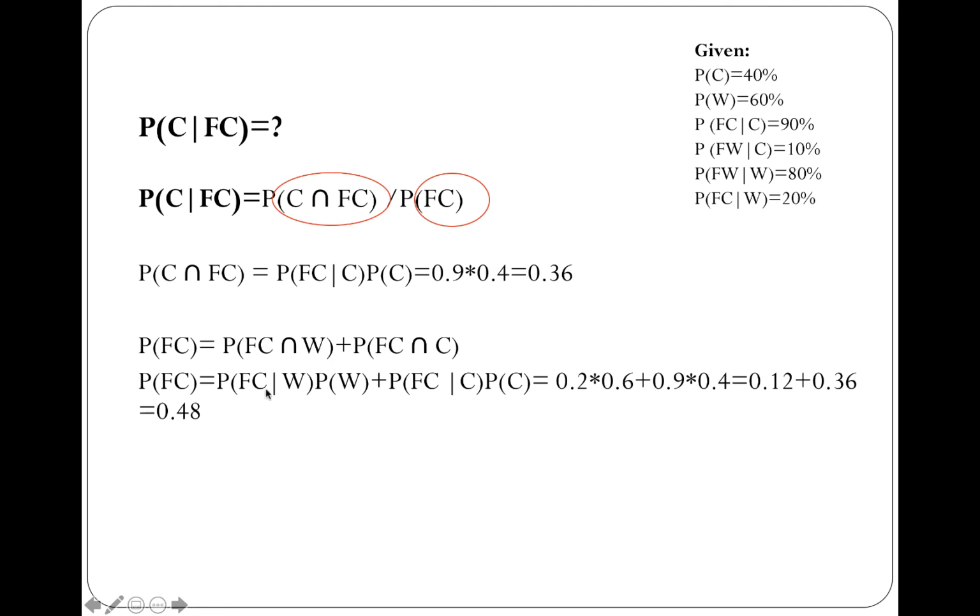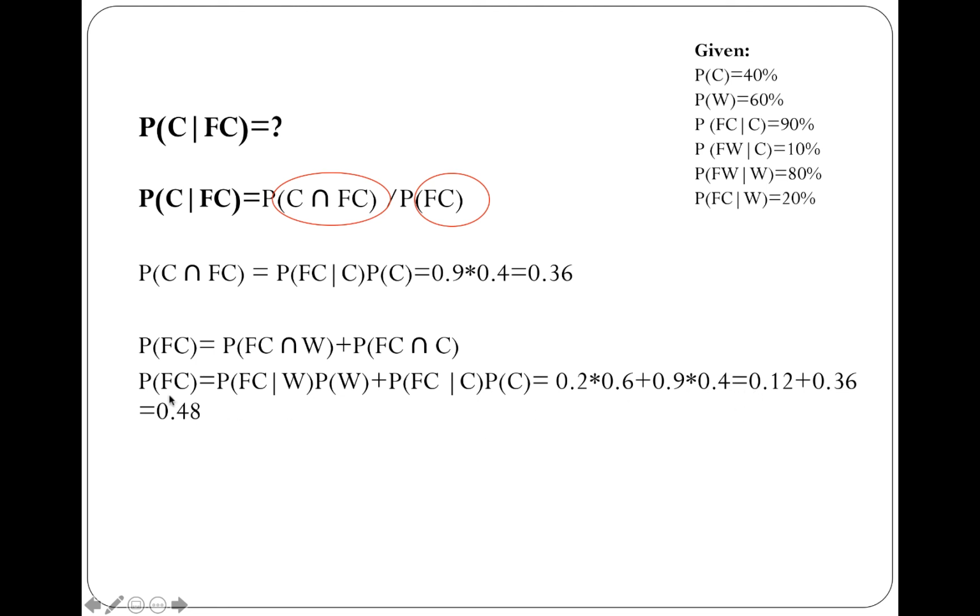So the probability of FC conditioned on W, we have it here, is 20%, 0.2, multiplied by the probability of W. What is the chance that the weather is actually going to be warm that year? 60%, 0.6, plus the probability of FC conditioned on C, that's 0.9, multiplied by the probability of C, the weather is actually going to be cold, that's 0.4, and the final result is 0.48.